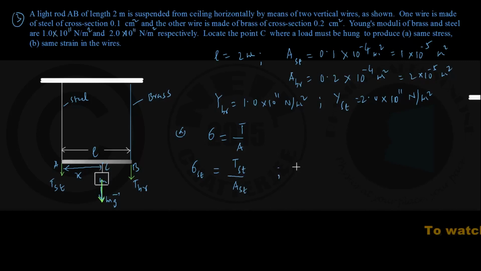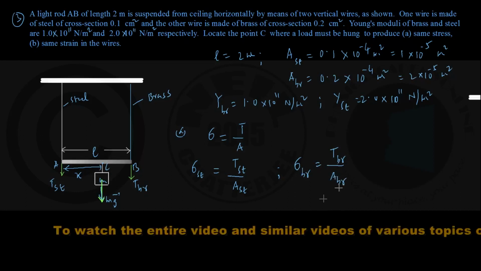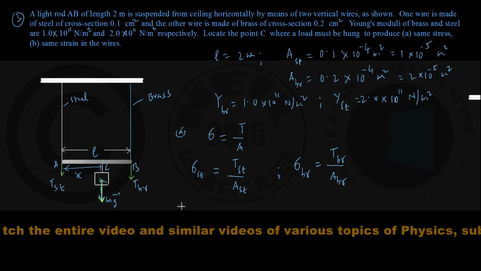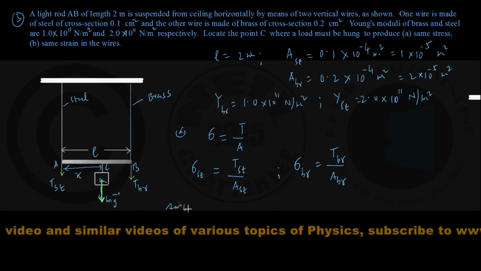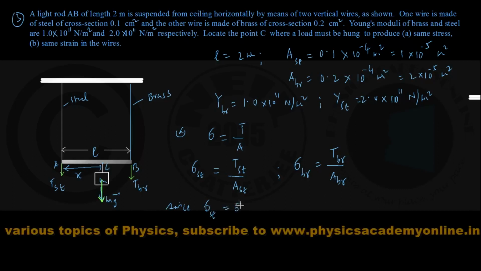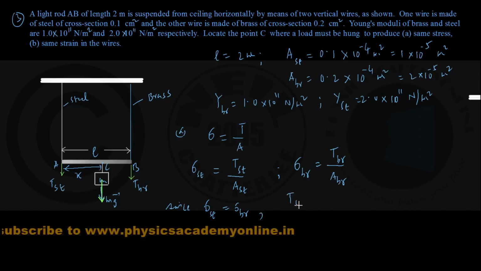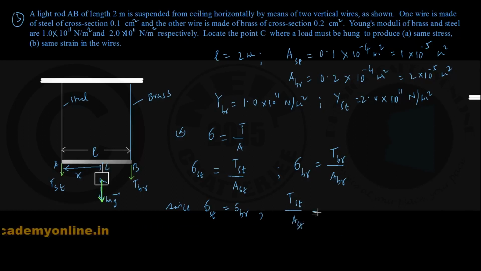Similarly, the stress produced in the brass wire, sigma brass, is given by the tensile force acting on the brass wire divided by the cross-sectional area of the brass wire. And since they have said that the stress on the steel and the brass wire are equal, it follows therefore that T steel divided by A steel must be equal to T brass divided by A brass.